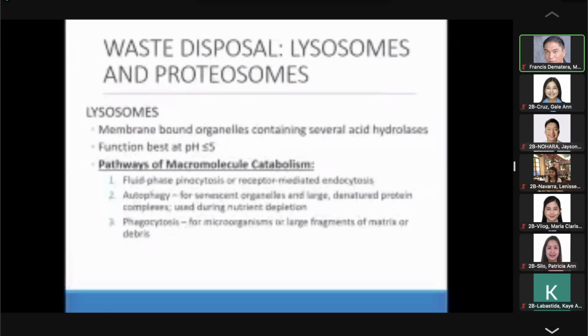These are fluid phase pinocytosis or receptor mediated endocytosis; autophagy, for senescent organelles and large denatured protein complexes, which is used during nutrient depletion; and phagocytosis, for microorganisms or large fragments of matrix or debris.